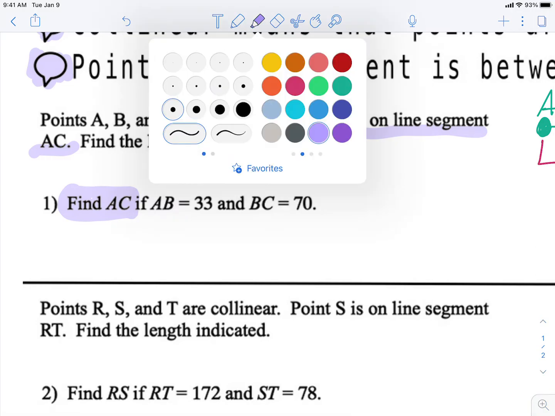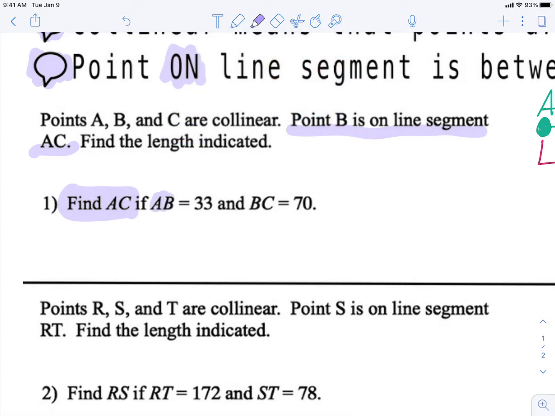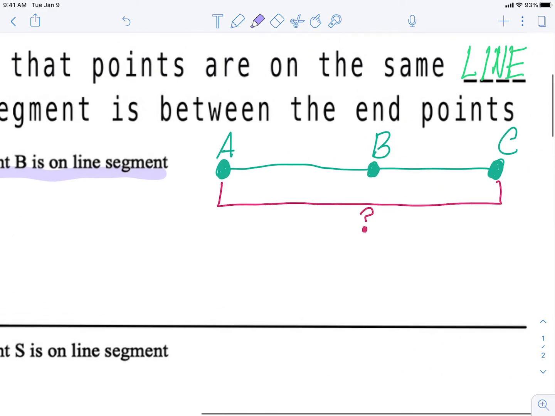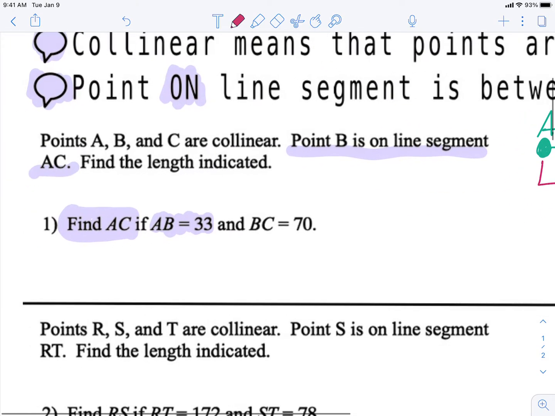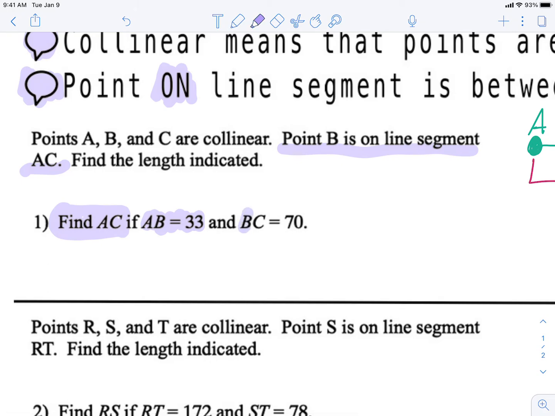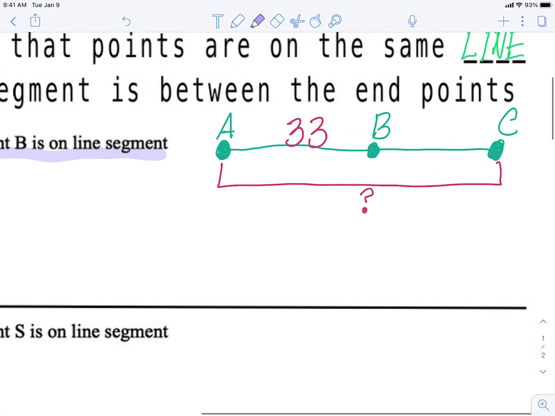Next we have AB is equal to 33. So from A to B is equal to 33. Finally, it says B to C is equal to 70. So B to C is equal to 70.